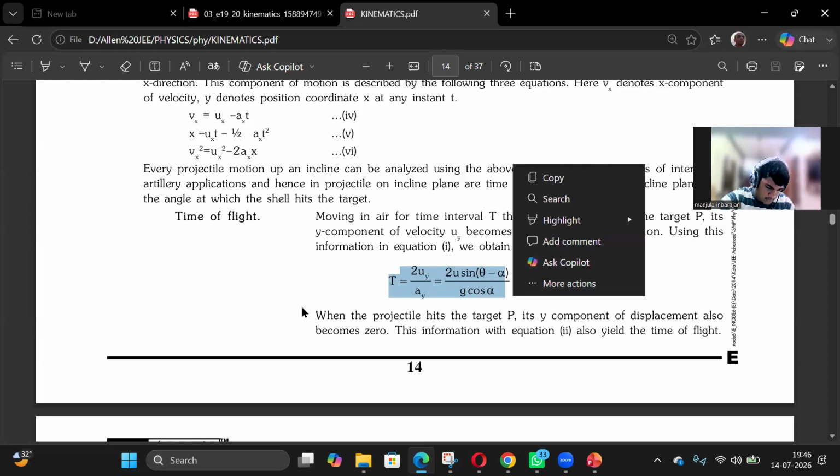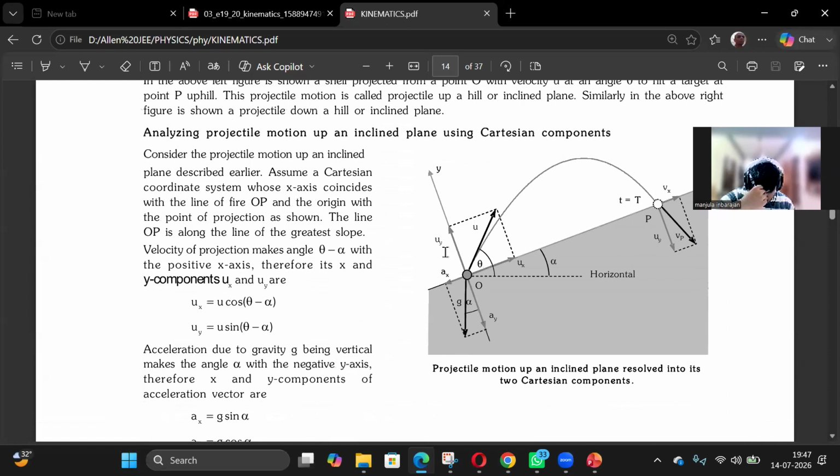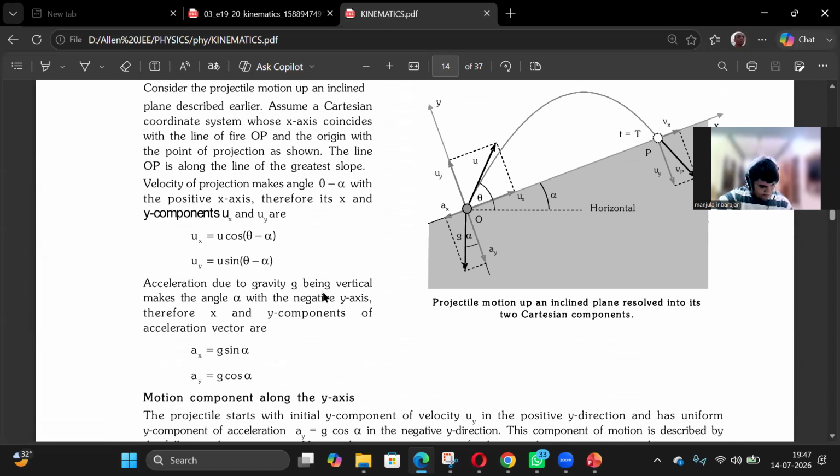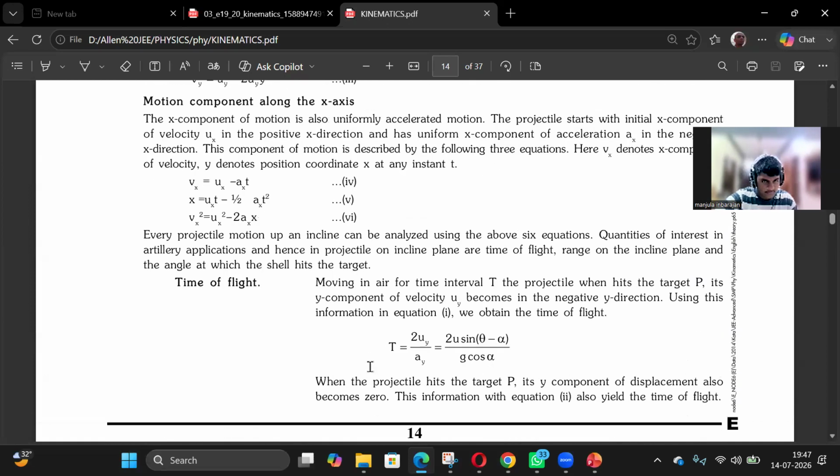The only thing we are using is that when it hits the plane, the direction of Vy is the same as the initial Uy with the opposite sign. And using the first equation of motion in the y direction, Vy equal to Uy plus ay t, in that put Vy equal to minus Uy, and t will be capital T, the flight time. Is that clear? Yes, sir. So this is the flight time formula.